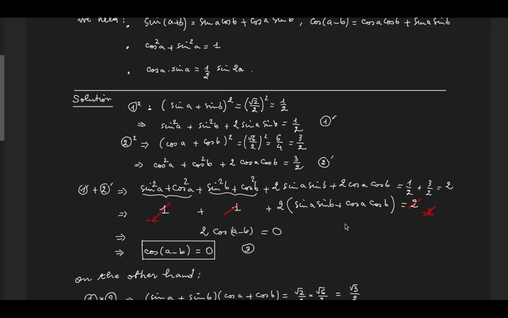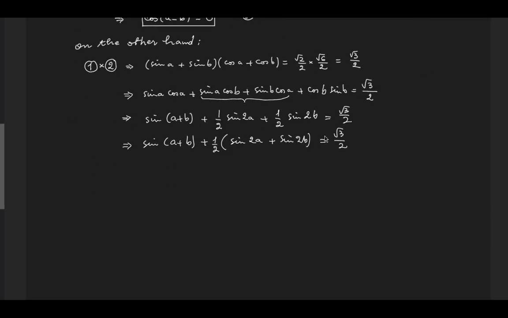This identity is the transform of a sum into a product. We'll transform the sum sine 2a plus sine 2b into a product. The identity goes as follows: sine p plus sine q, where p and q are two real numbers, is equal to 2 sine of p plus q over 2 times cosine of p minus q over 2. Now p is equal to 2a and q is equal to 2b.